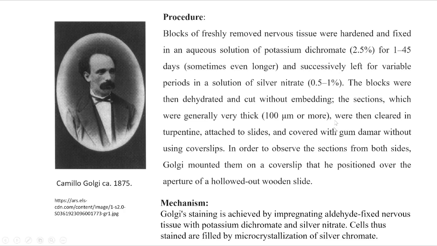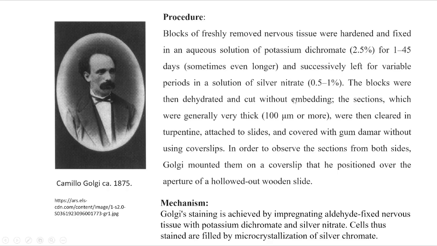which he positioned over the aperture of a hollowed out wooden slide. So when you look at the procedure itself, you realize that the time duration for which the tissue was left was variable, the time in silver nitrate was also variable, and the concentrations used of these different solutions were also variable.